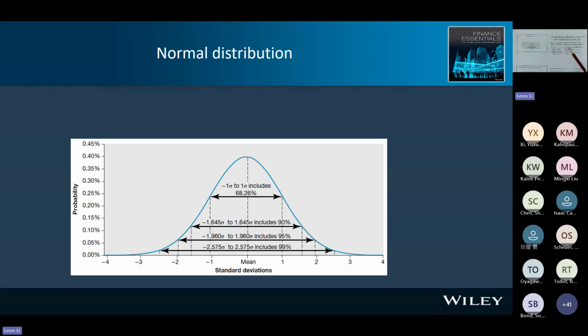And next, mu is our mean. Mean plus or minus 1 standard deviation, the probability is about 2/3. Mean plus or minus 2 standard deviations, the probability is 95%. For the range of 3 standard deviations above or below, the probability is 99%.